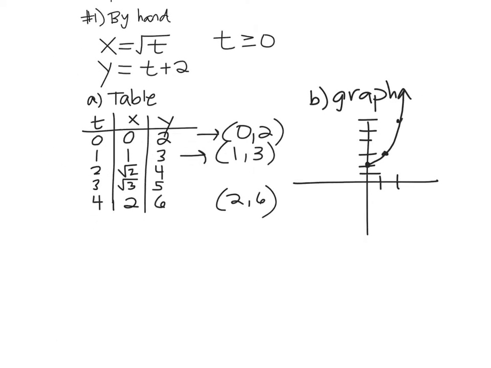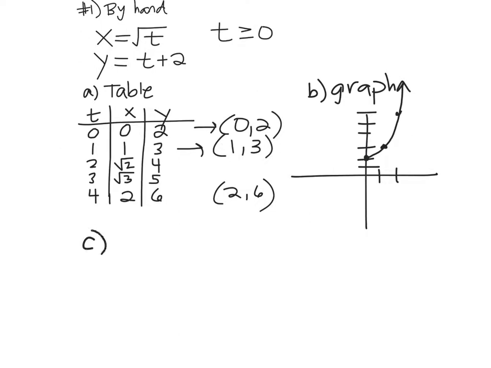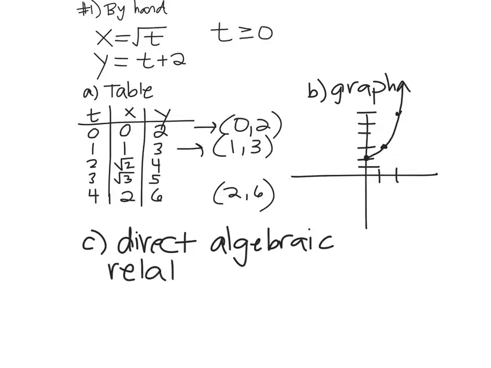All right. Now the third thing that we're going to do, and this is what the book calls it, is determine a direct algebraic relationship between x and y. It's very fancy the way they word it, so I want to write it down so that you see it.